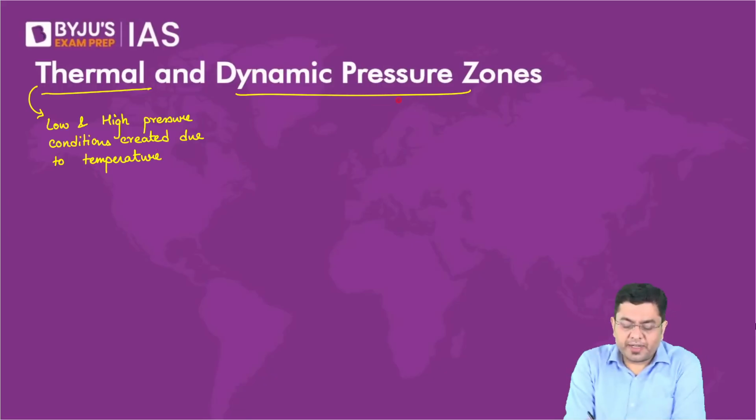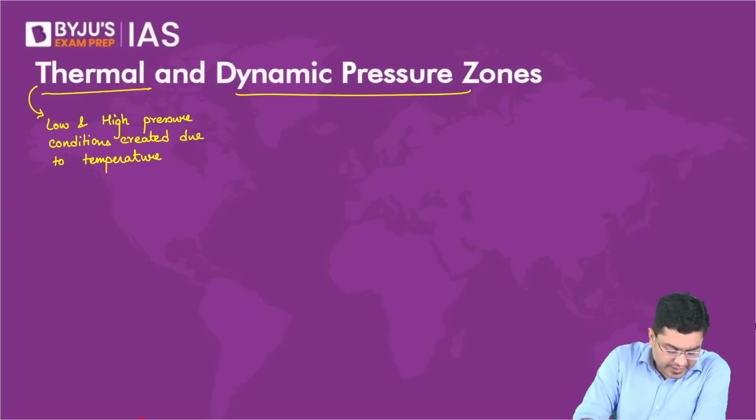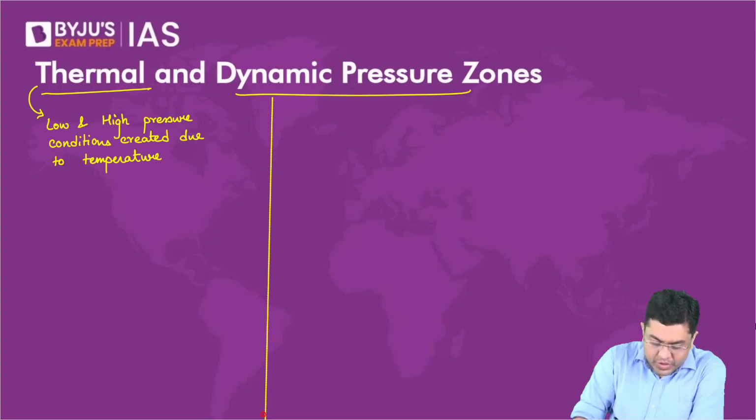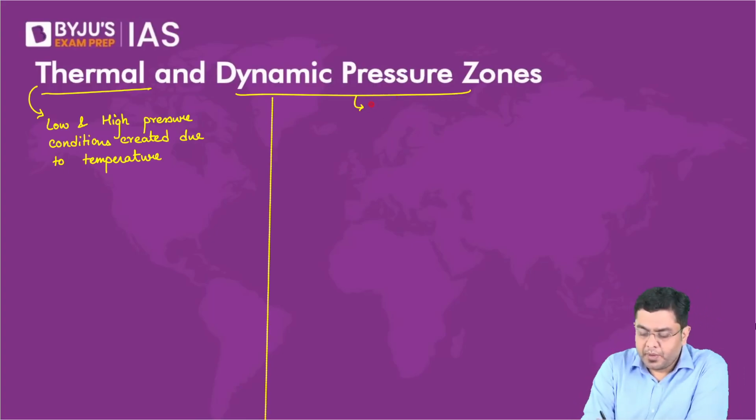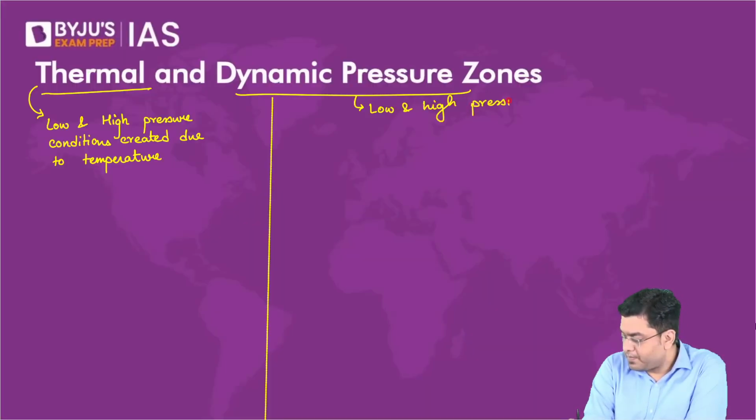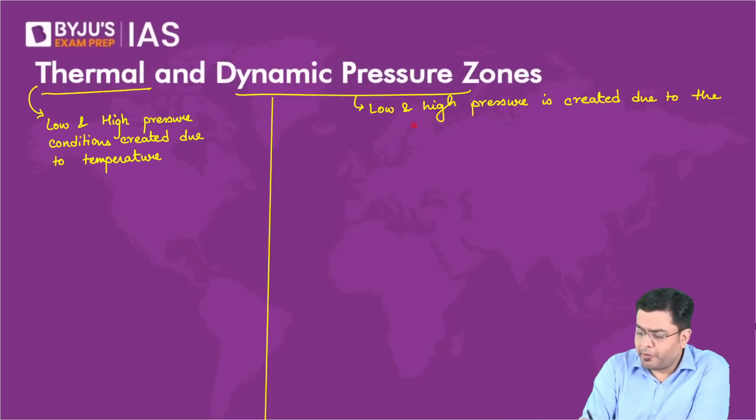Whereas when we talk about the dynamic pressure zones, here the low and high pressure conditions are created because of movement of air. That is why the name dynamic. Low and high pressure is created due to the movement of air.